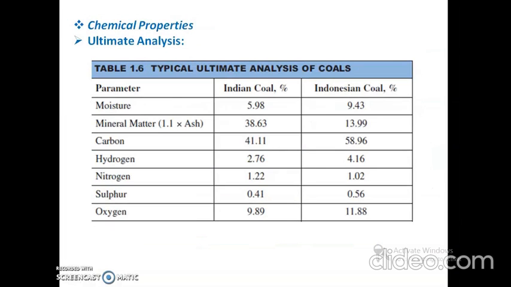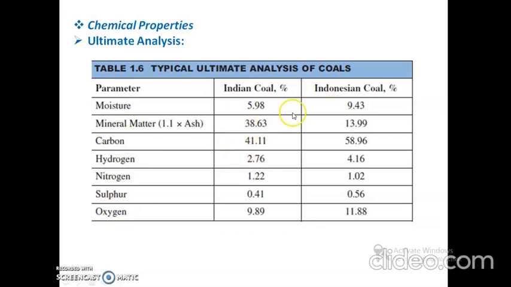Then ultimate analysis. When it comes to ultimate analysis, we go into much more detail about the composition of the fuel. In the first column, you can observe that in ultimate analysis you look at the moisture content, mineral matter meaning ash, and the carbon, hydrogen, nitrogen, sulfur, and oxygen content.